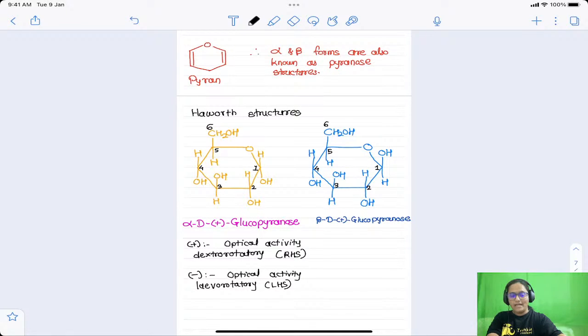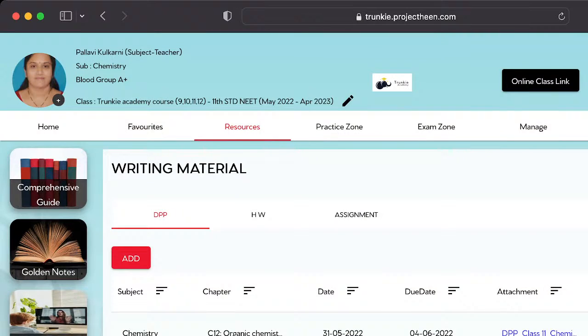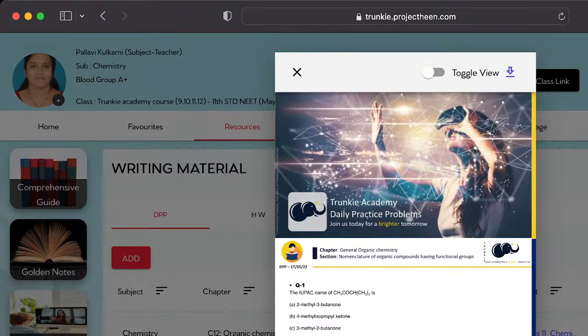Before ending the class, let me tell you about daily practice problems. This is DPP, the daily practice problem. This is a teacher's portal actually; similar will be the students' portal. You can go to resources and then to writing material. In writing material you can see the DPP.